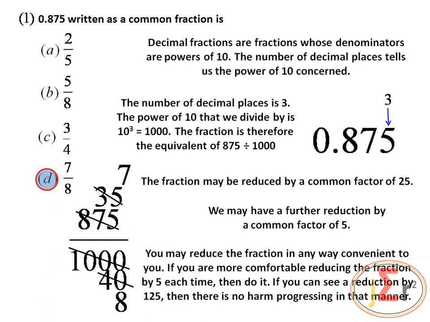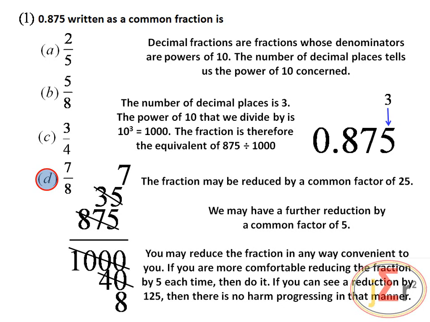You may reduce the fraction in any way convenient to you. If you are more comfortable reducing the fraction by 5 each time, then do it. If you can see a reduction by 125, then there is no harm progressing in that manner. So the reduction of fraction is up to you.